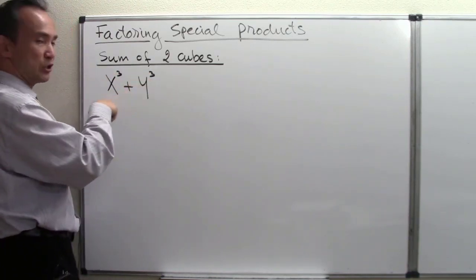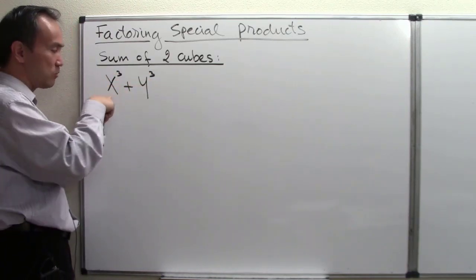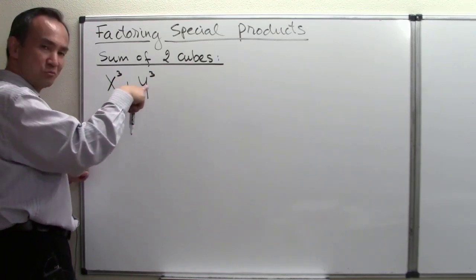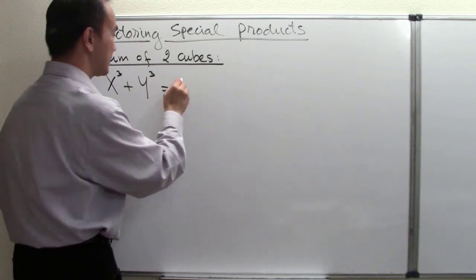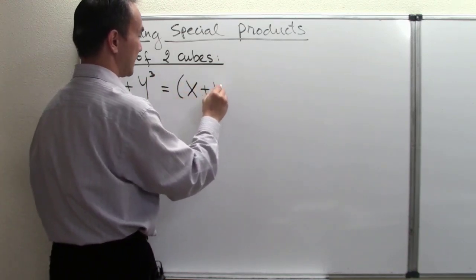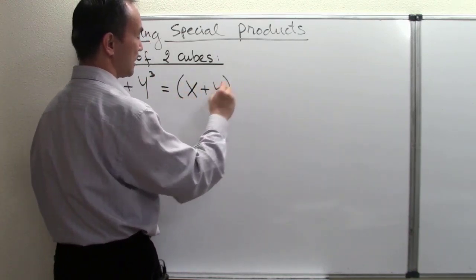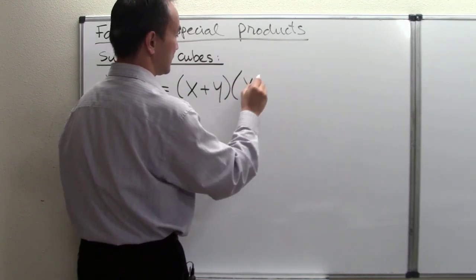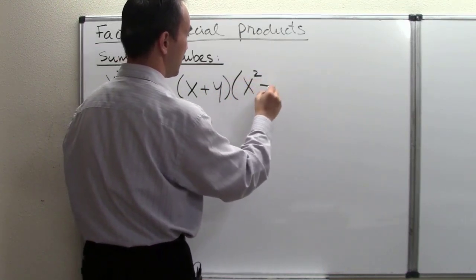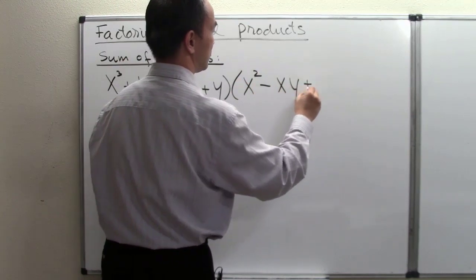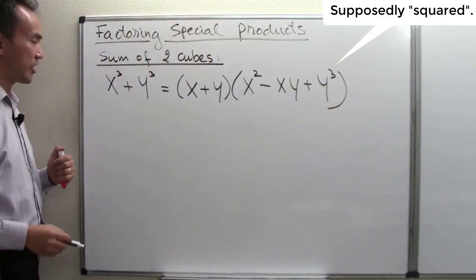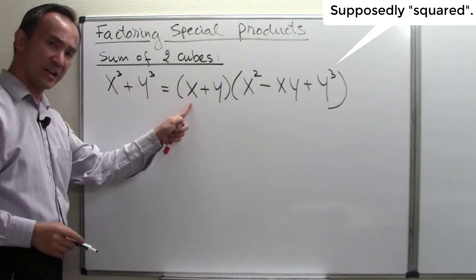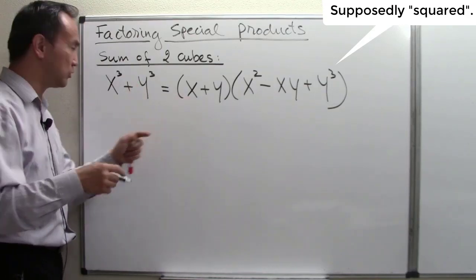So the sum of two cubes, some capital Y cubed plus some capital X cubed, can indeed be factored as capital X plus capital Y in parentheses times capital X squared minus XY plus Y squared. So ladies and gentlemen, this is the formula for how we can factor the sum of two cubes.